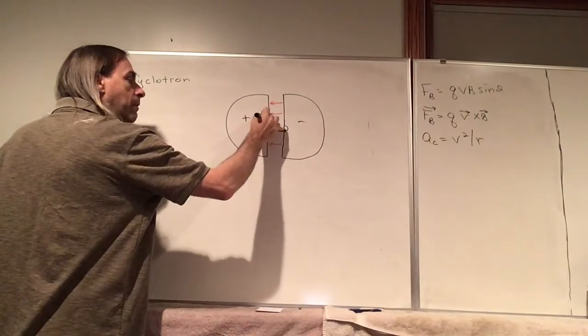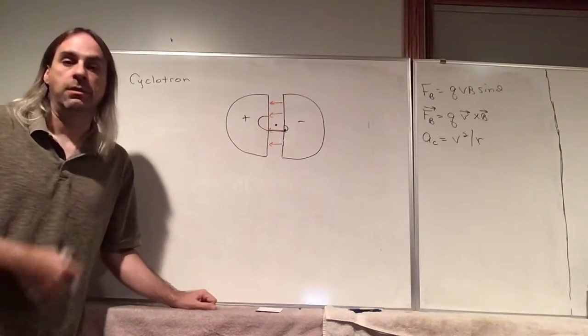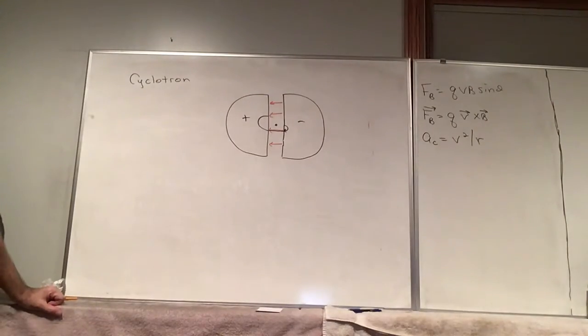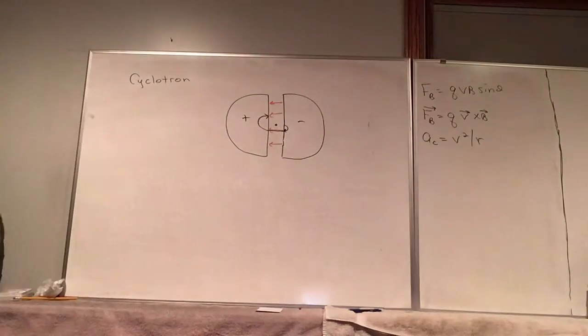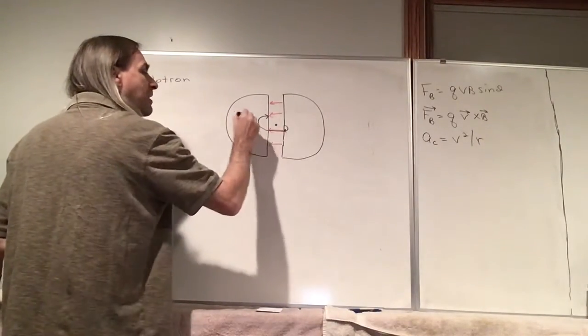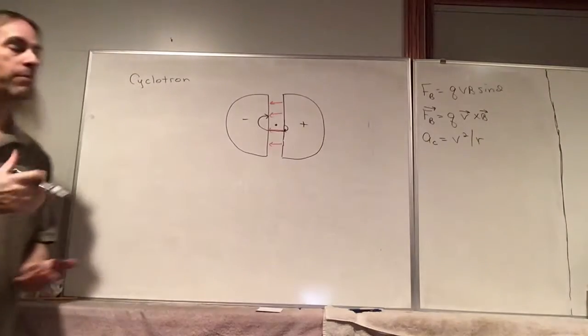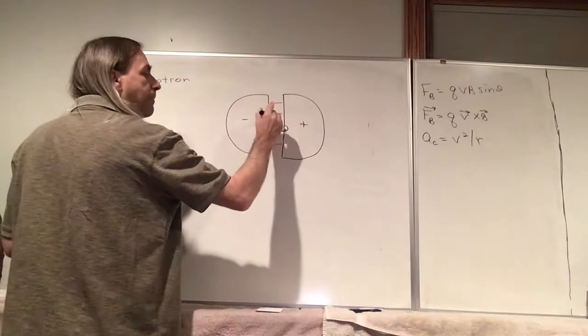Then it enters the region with a magnetic field again and goes through a loop. But because it accelerated, it's moving faster, so it's going to go in a bigger loop. Now we have the same problem as before: it's a negative charge, so as soon as it hits an electric field like this, it's going to start slowing down. But we reverse the electric field again, and we cause it to accelerate again.